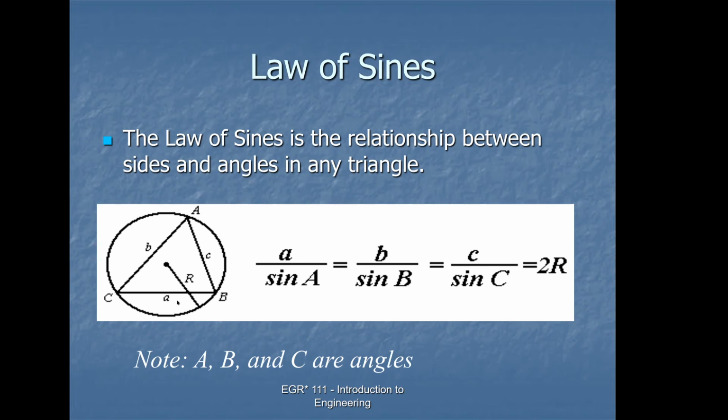It means that side A over the sine of this angle has to be the same as side B over the sine of the angle here. The relationship between this side and this angle is equal to this side over the sine of this angle. And it's all equal.